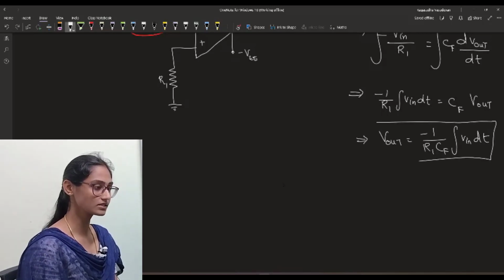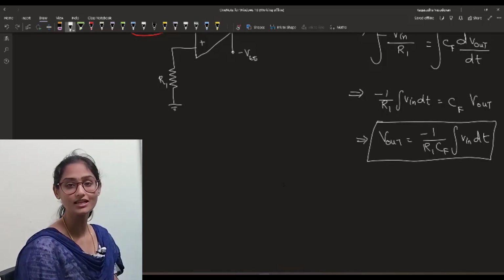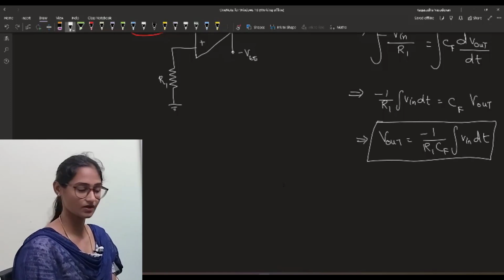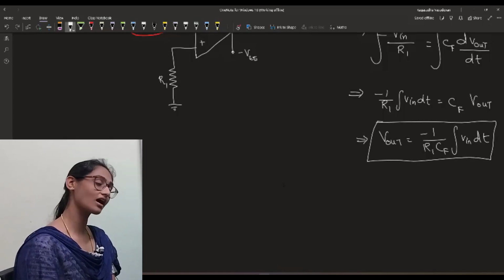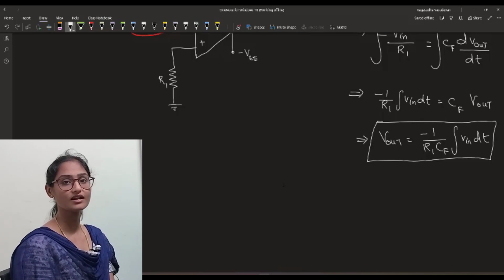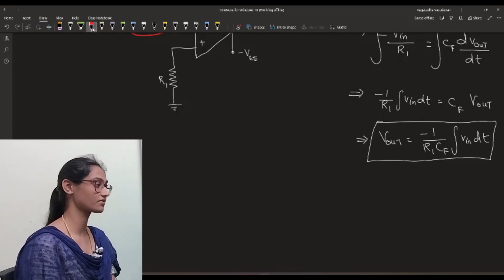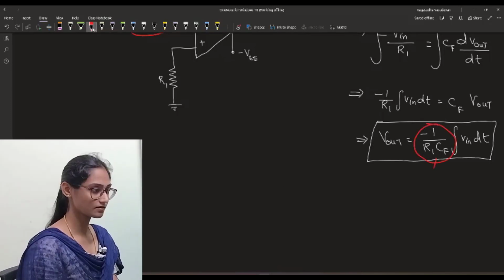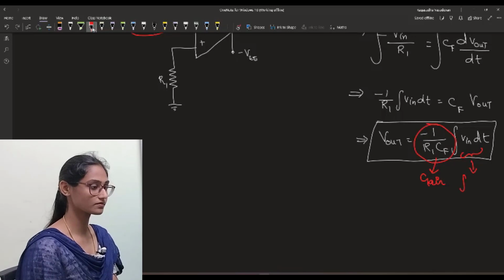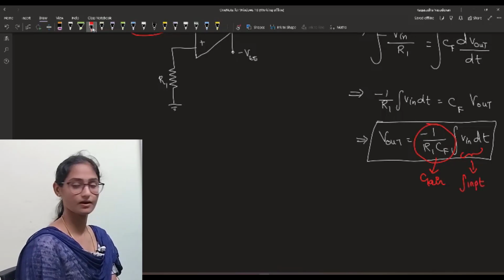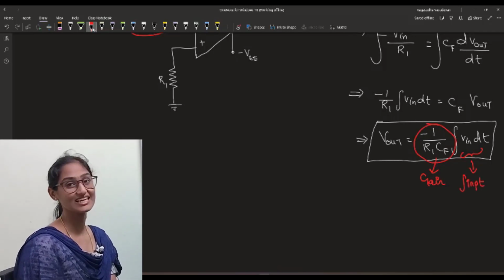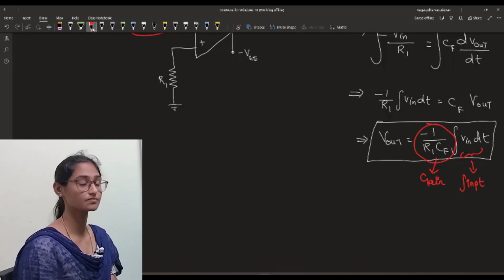The output voltage is an integral of the input voltage, and the gain factor is minus 1 by R1 CF. This is called the integral gain, and this is the integral of the input. So the output voltage is an integral of the input voltage.